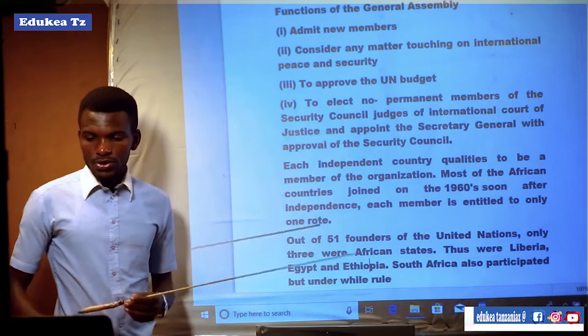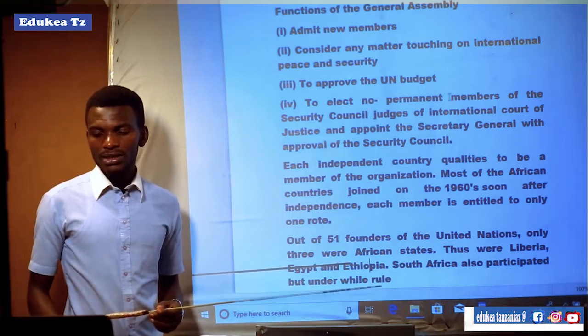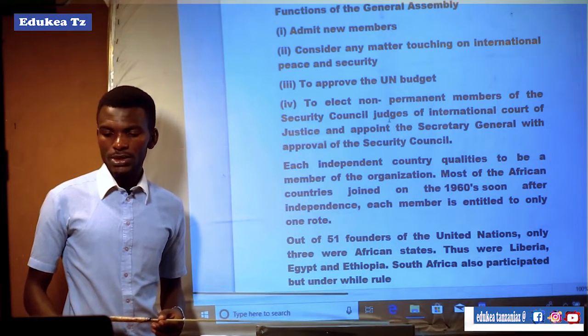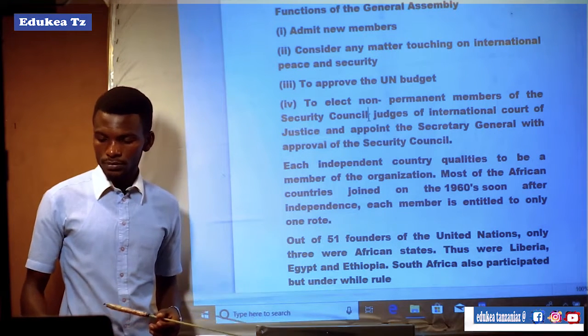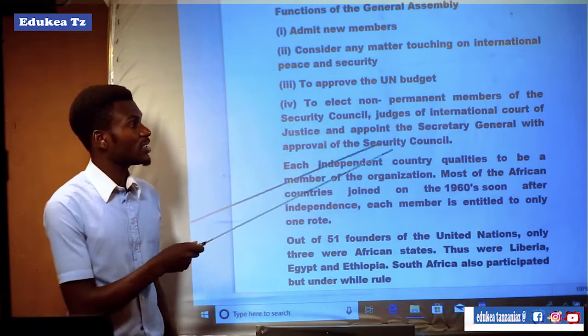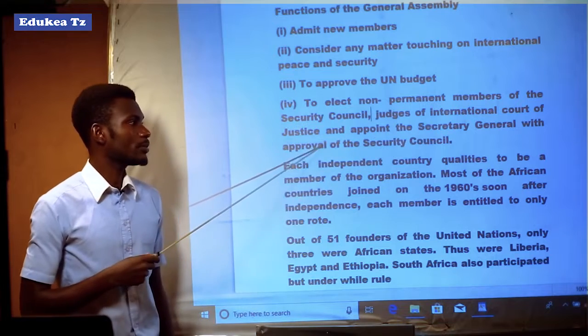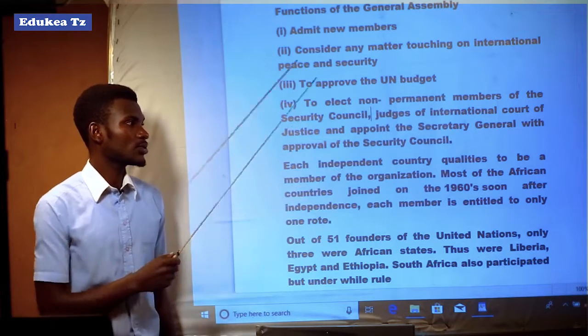It means to elect non-permanent members of the Security Council, judges of the International Court of Justice, and appoint the Secretary General with approval of the Security Council.